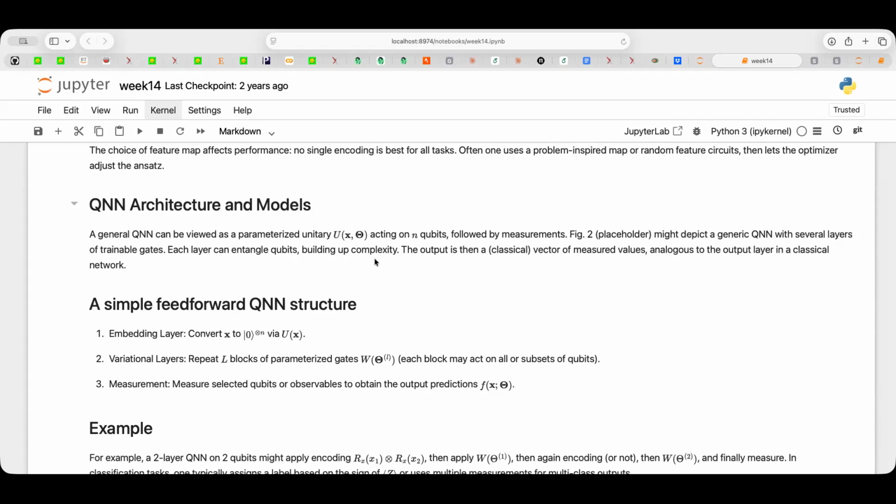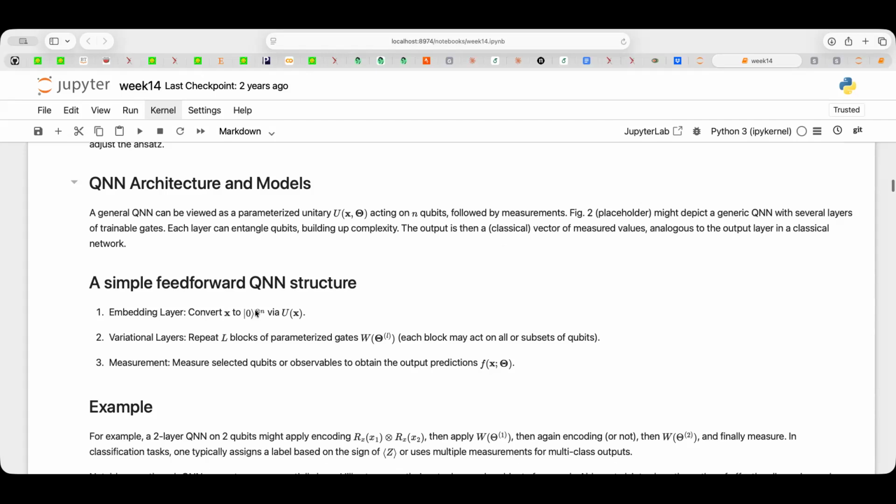And you will get results which you may not be satisfied with. So in general, each trainable layer entangles qubits, and you perform the rotations, and then you build up complexity. And the output is normally a classical vector of measured values, which is pretty common to what you have in a classical neural network. So the simple feed-forward QNN structure contains these 3 steps.